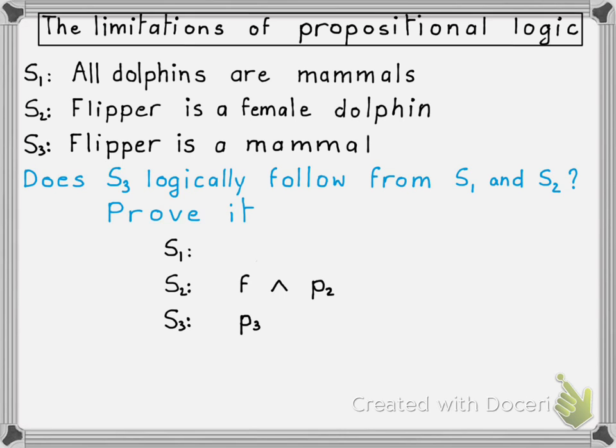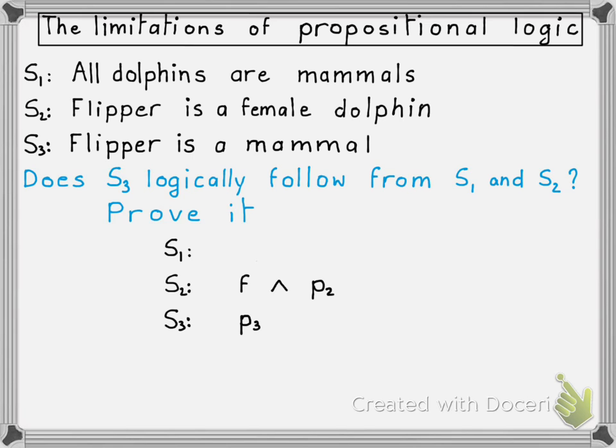So let's get rid of P1, and let's use the propositional variable D to refer to something being a dolphin, and let's use the propositional variable M for something being a mammal.